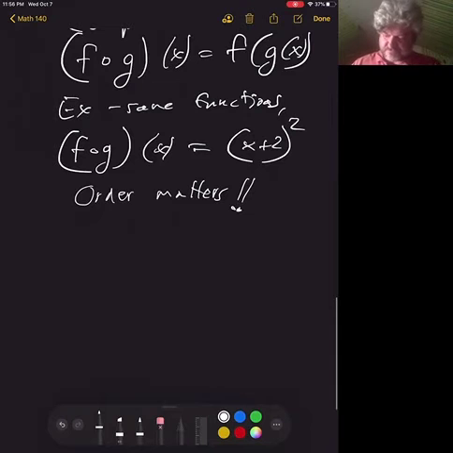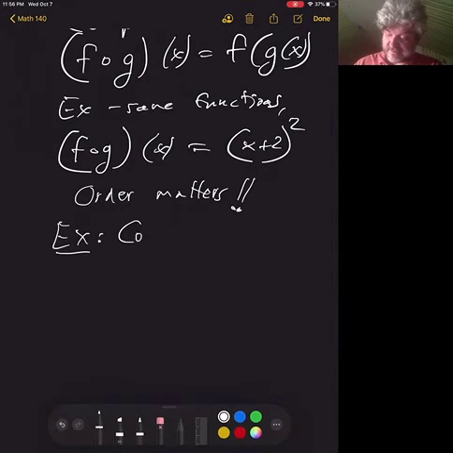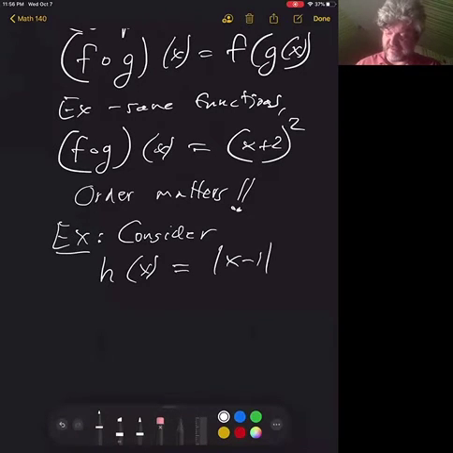And last bit, there's a couple of homework problems that ask a question like this. Consider a complicated function. How about absolute value of x minus 1 plus 7x?